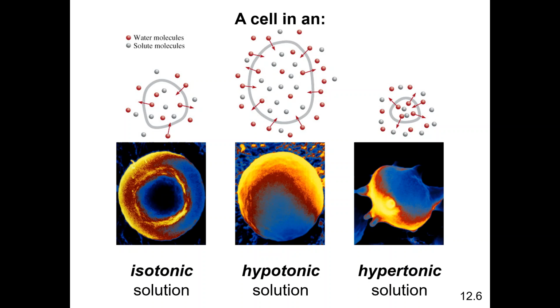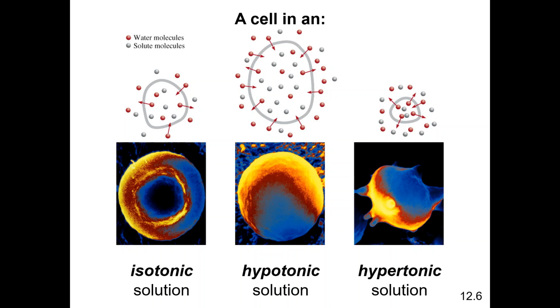Now, if you take that red blood cell and place it in what we call an isotonic solution, where the concentration of the solution is the same as that of inside the cell, then basically that solution will not have any effect on the cell because you won't have any net transfer of water going outside from inside the cell and vice versa.